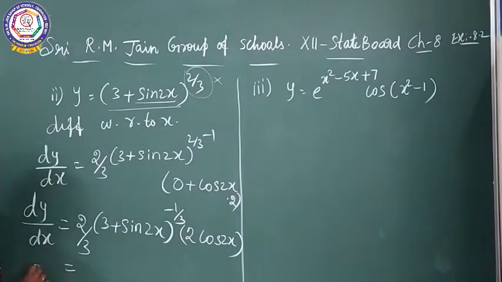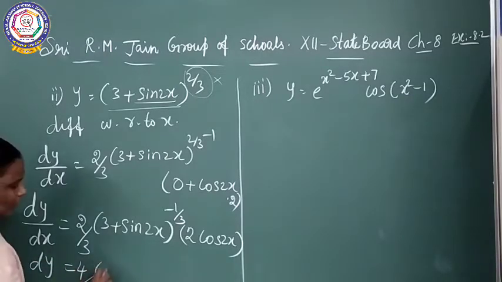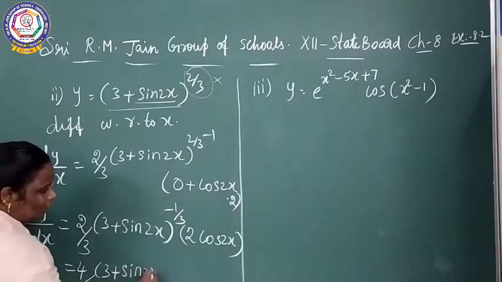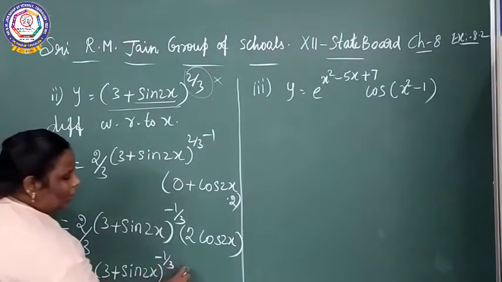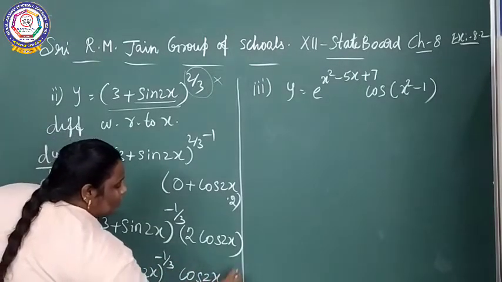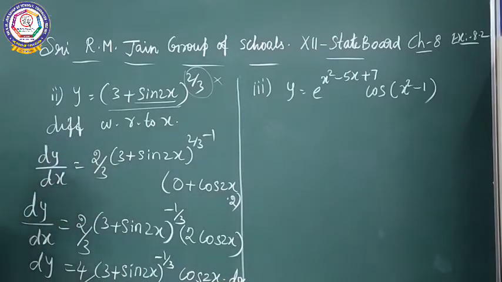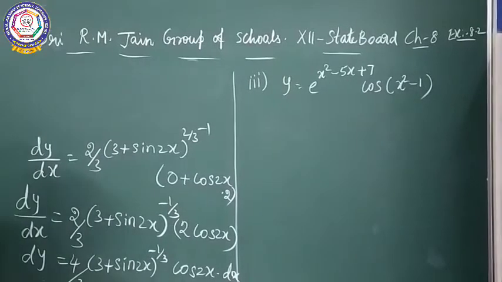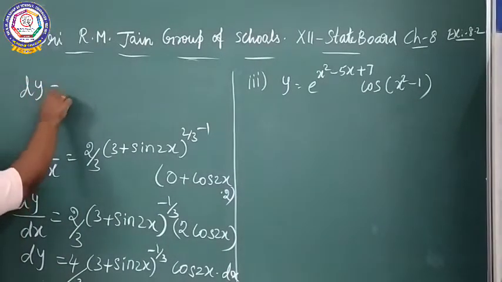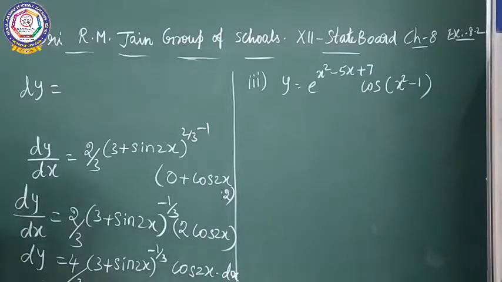So, it gives dy equal to 4 by 3 into (3 plus sin 2x) whole power minus 1 by 3 into cos 2x into dx. That dx goes to that side, or otherwise you can bring this term down, no problem. The power is negative, so you can bring it to the denominator.